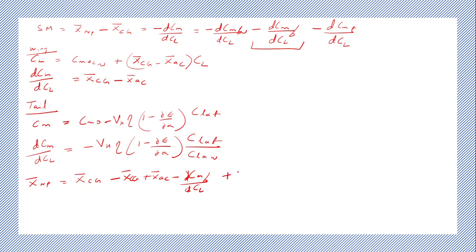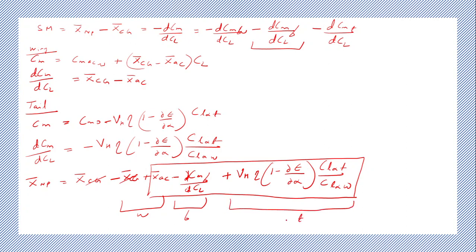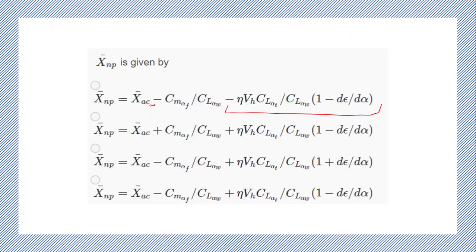So you have plus VH eta 1 minus d epsilon by d alpha, CL alpha tail by CL alpha wing. So these two get cancelled, and this is your final expression for the neutral point when you consider wing, tail and fuselage contributions. Okay, so this was the wing contribution, this was the fuselage, and this entire thing was the tail contribution. So what is the correct answer? It is this one.